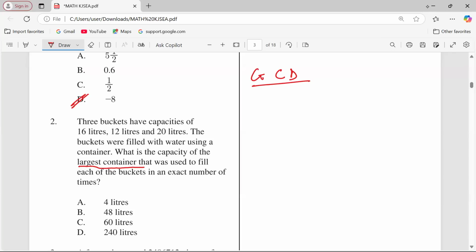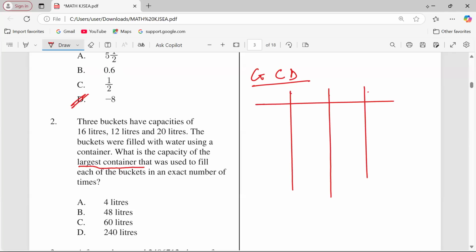So let's get the GCD of 16, 12, and 20, the largest number that can divide 16, 12, and 20. We begin with the least prime factor, which is 2. We'll get 8, 6, 10.